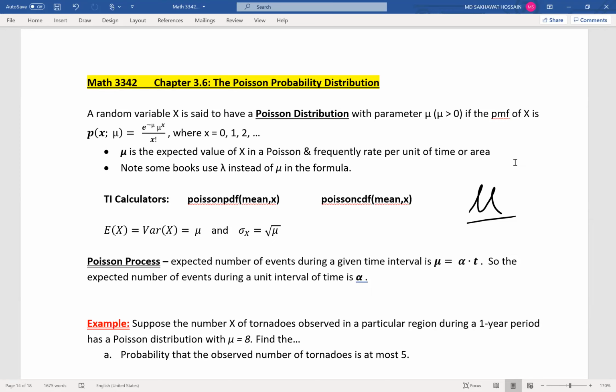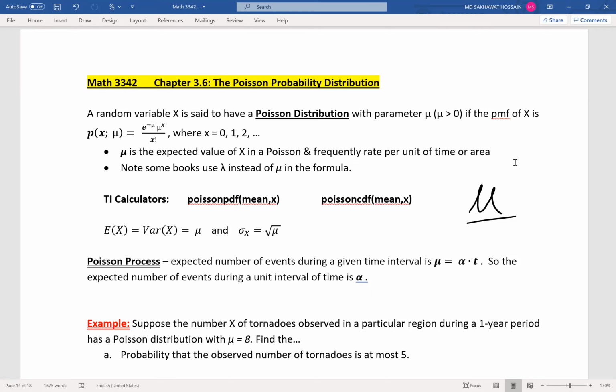And you can also consider, for example, at a certain hospital, how many patients visit the hospital in every 1 hour. If you wanted to know this, then the expected number of patients visiting the hospital in every 2 hours will be mu, the expected value.